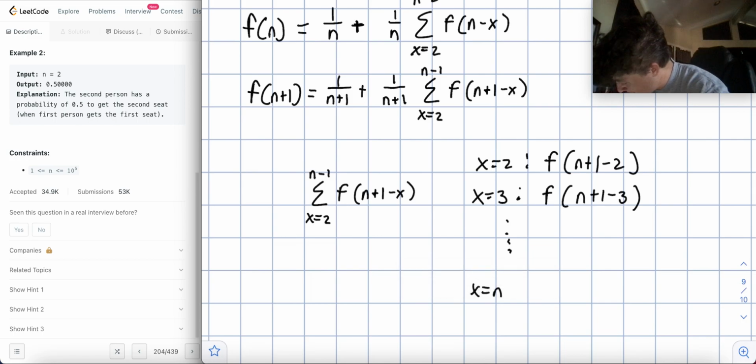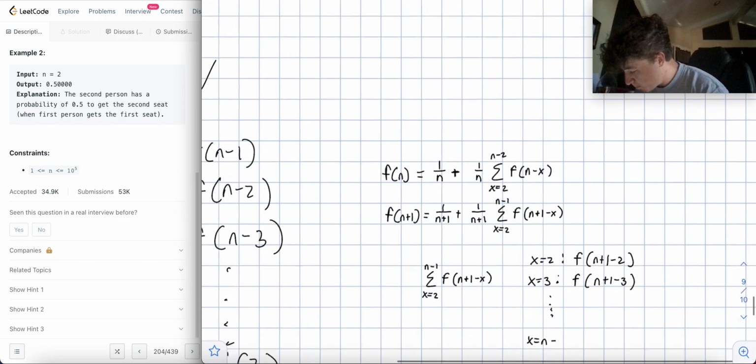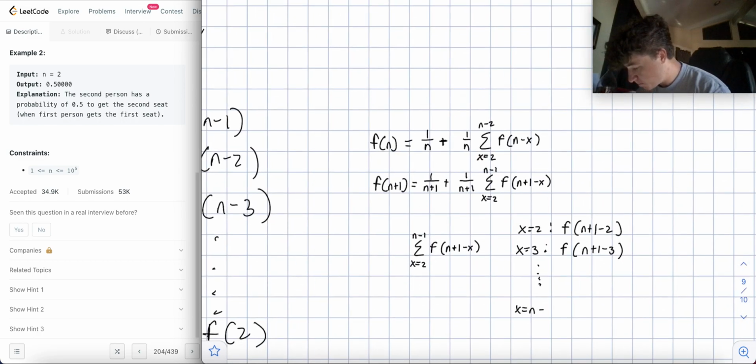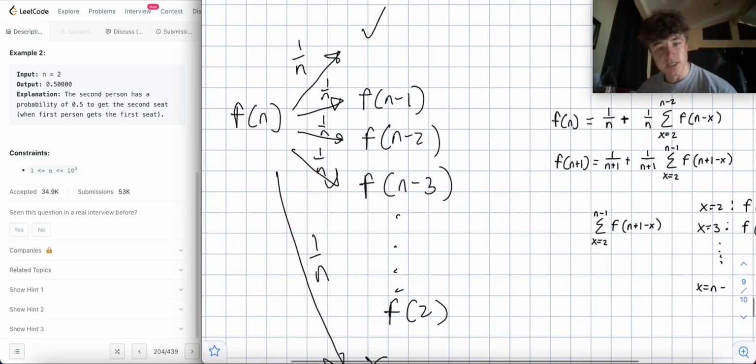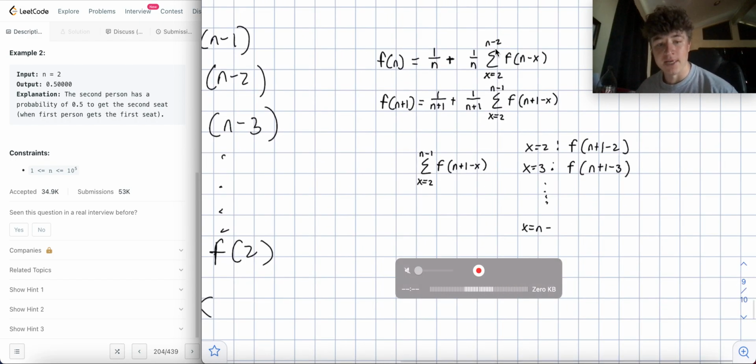At x equals n minus 1, the last term, because I want the first term and the last term to agree. Why did I put 2 here? Because this has f of n minus 1, so this should be 1, right? It should go to n minus 2 for the last example, but this should start at 1.